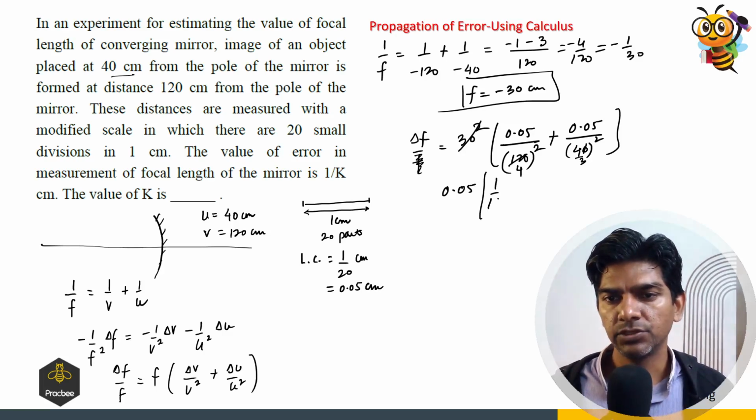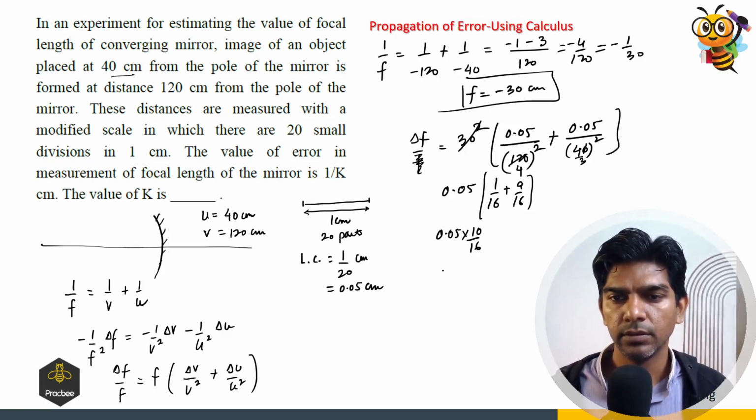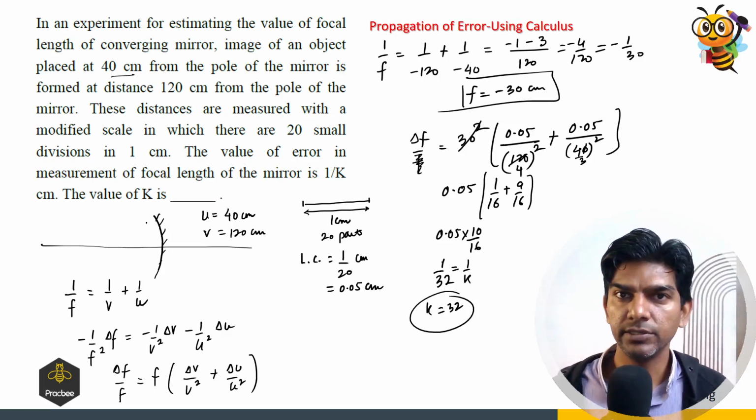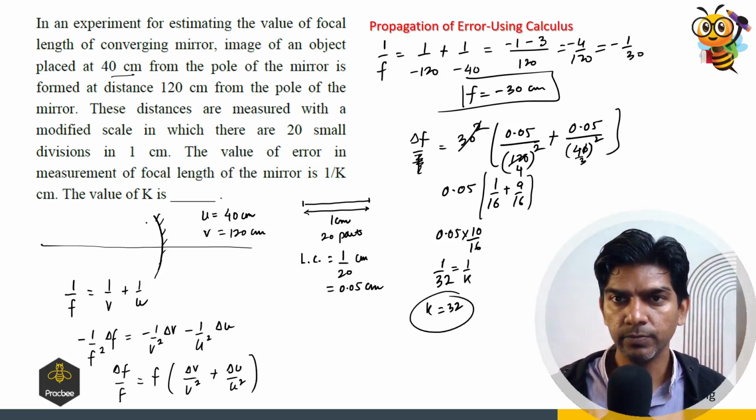So 1 by 16 plus 9 by 16. So this will be 0.05 times 10 by 16. Or we can write this as 1 by 32. And this is given as 1 by k. So k comes out to be 32. So 32 is the answer of this question. I hope this concept is clear to you.